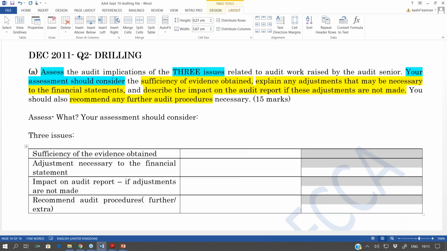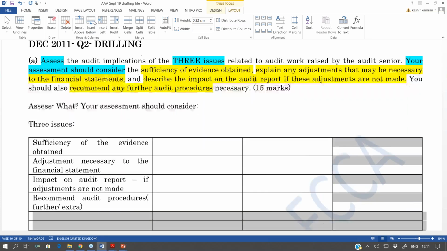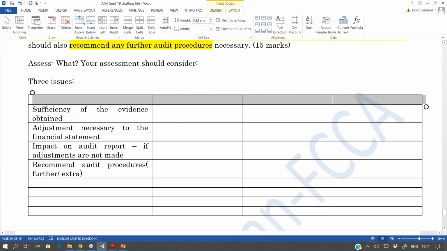We have the issue 1, issue 2, and issue 3. Why are we making the table? Can we make a table in the exam paper? No. Why are we making the table? Just to make things look better and understandable for the session, right?